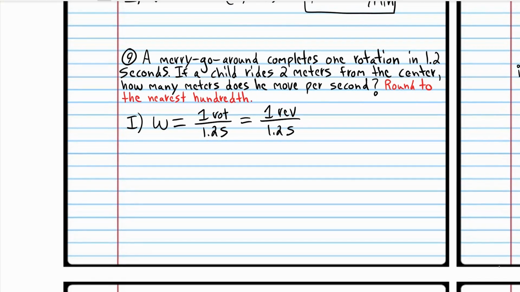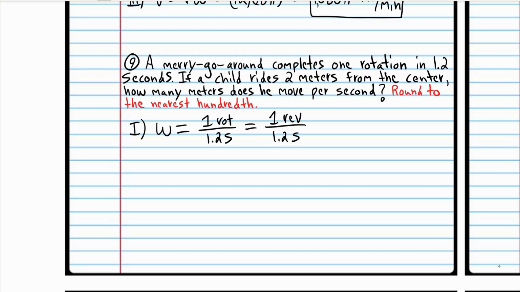But if we're going to find the linear velocity of the child, we need our angular velocity in radians per unit time. So I'm going to go ahead and multiply, as we did in the previous problem. 1 revolution is 2 pi radians. The revolutions are going to cancel out, and we're going to be left with radians per second.